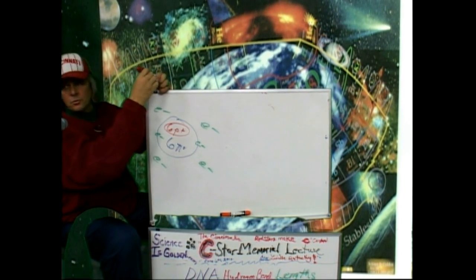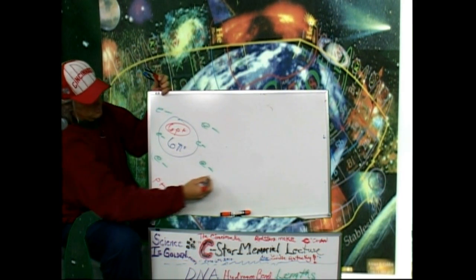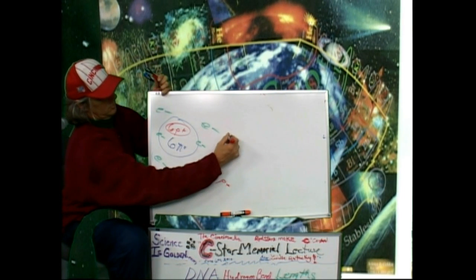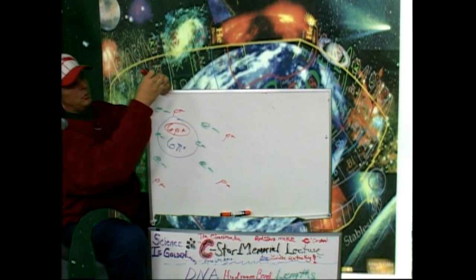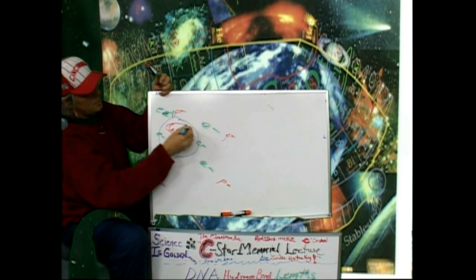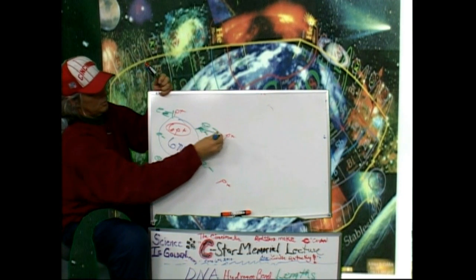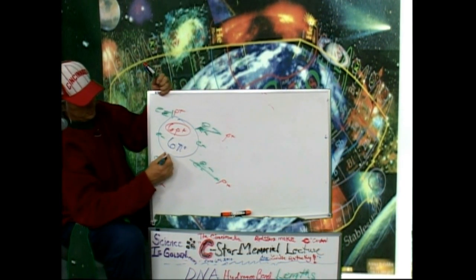So let's take hydrogen, for example. Hydrogen's a proton. And each of those protons has an electron. So now you got a bond to hold that proton a certain distance out there.